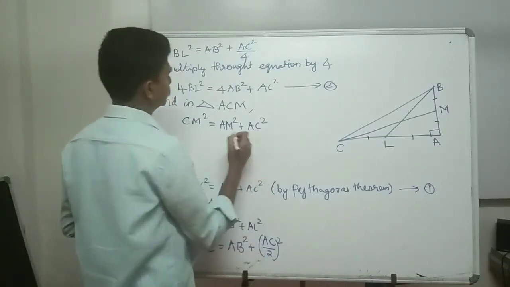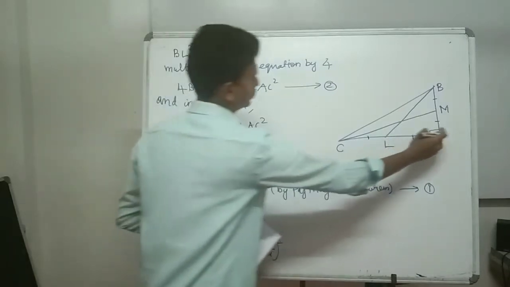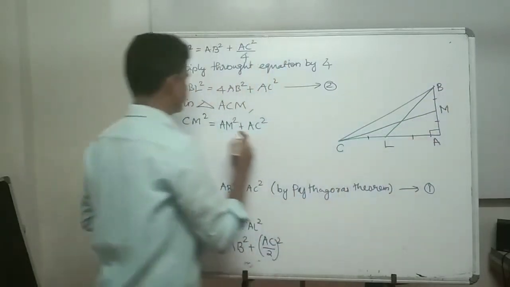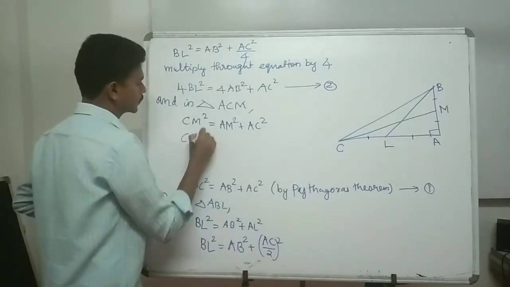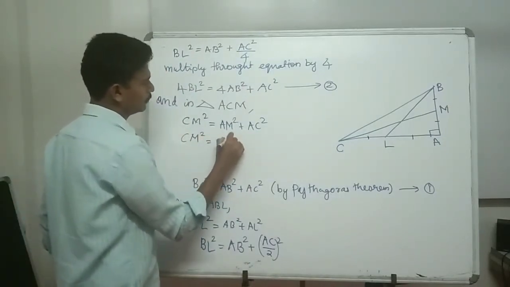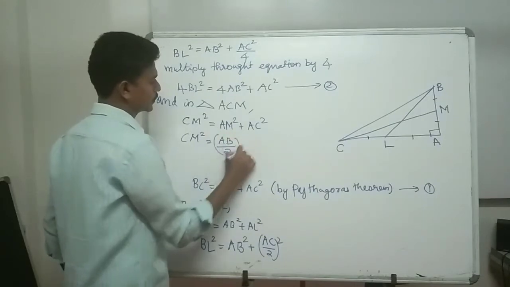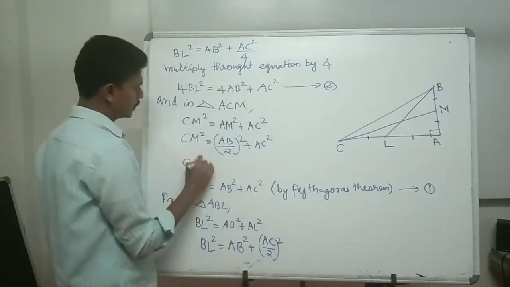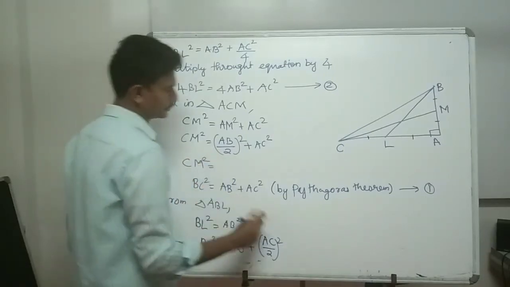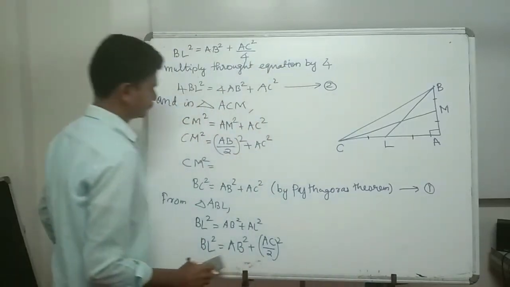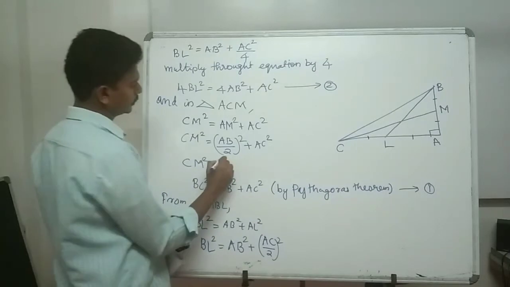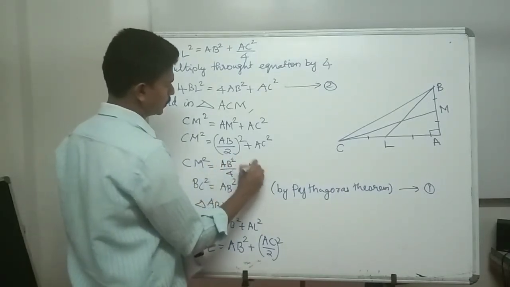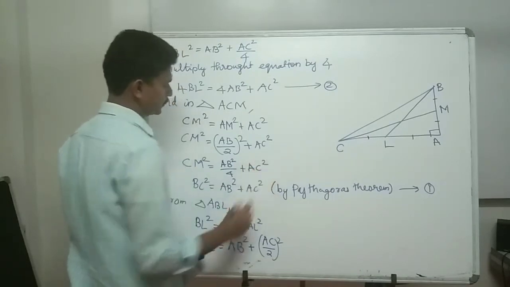Here what we can change is AM. In place of AM, AM is half of AB. So CM square is equal to half of AB, that is AM, squared, plus AC square. So CM square is equal to AB square divided by 4 plus AC square.